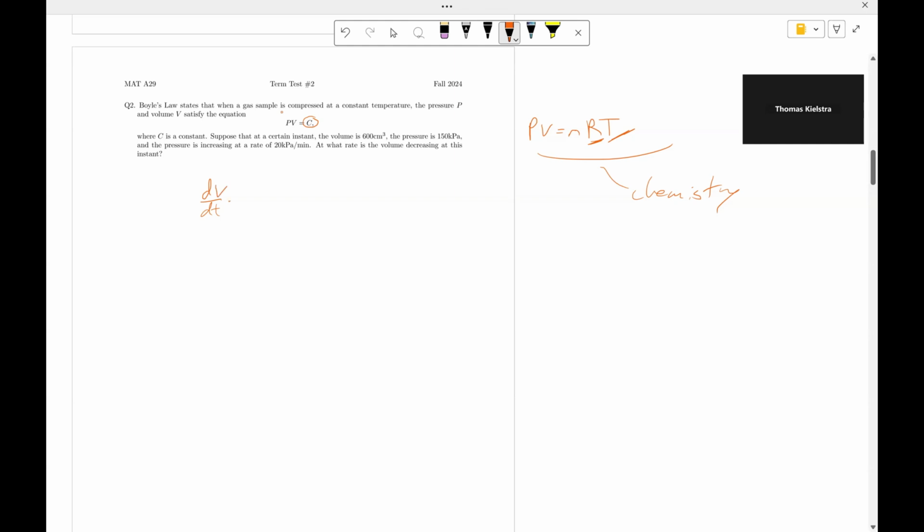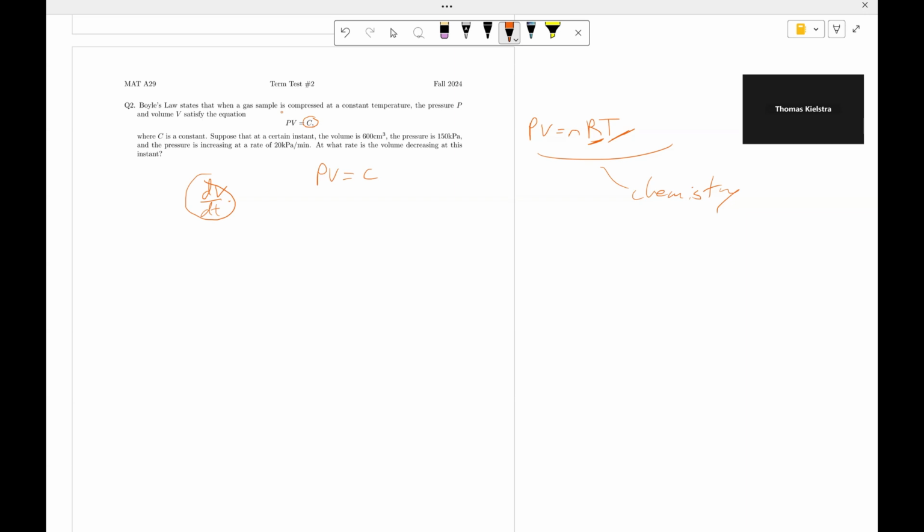And in order to get this, I have my expression PV equals C. So I'm going to derive both sides with respect to time to see if I can get this dV by dt term. So here, we're assuming that P and V are both variables of time, and C is constant.